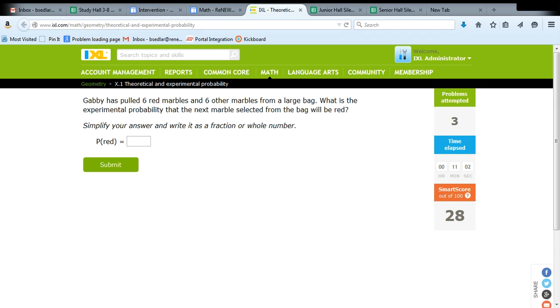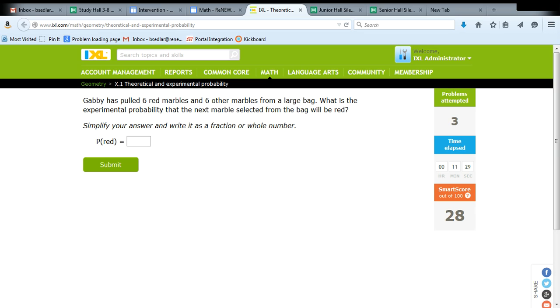I know that coins have one side heads, one side tails, so I would expect that half of the time I would get heads. So the theoretical probability of getting heads in this experiment would be 10 times out of 20, or 1/2, because I know that half of my coin has heads on it.